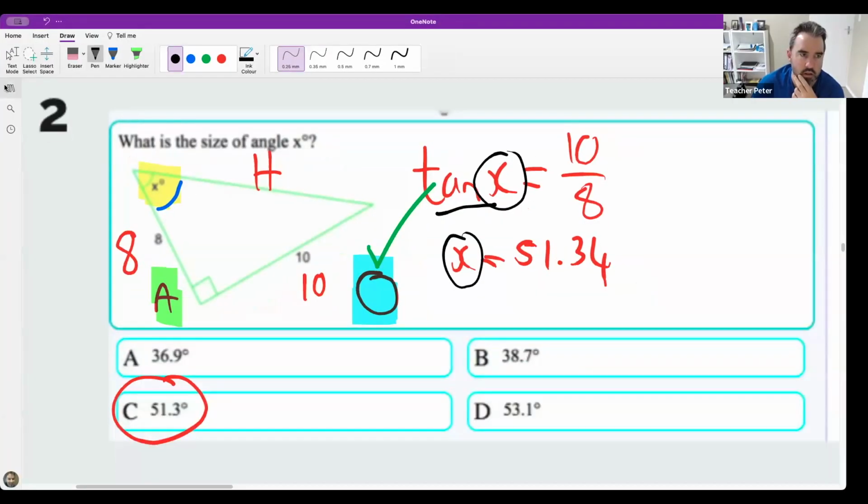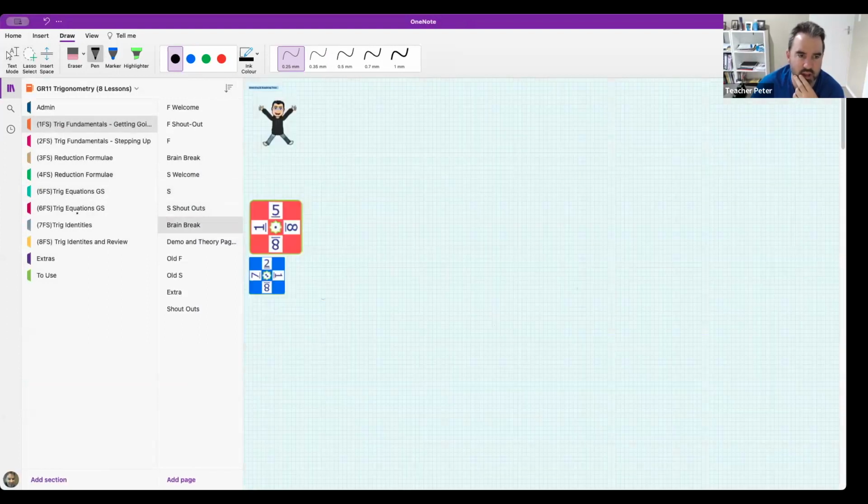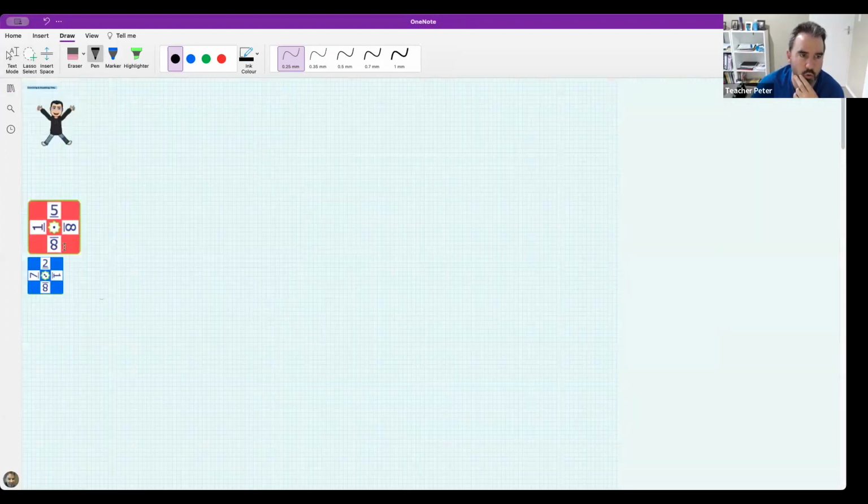And then what I want to do is share today's little brain break. Let me just do that, if I can find it. Today's brain break is what we call Maths 24.